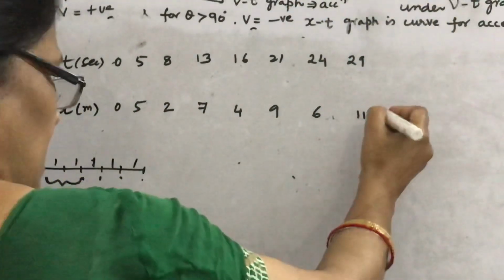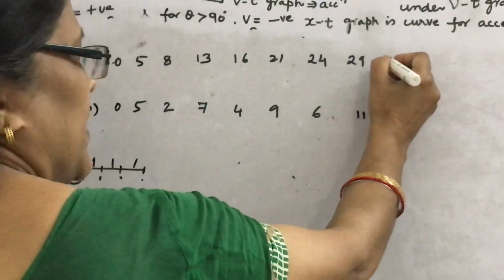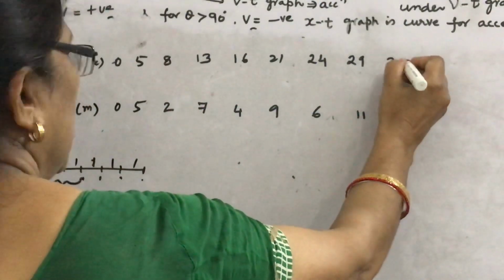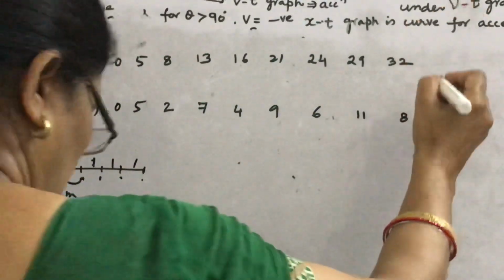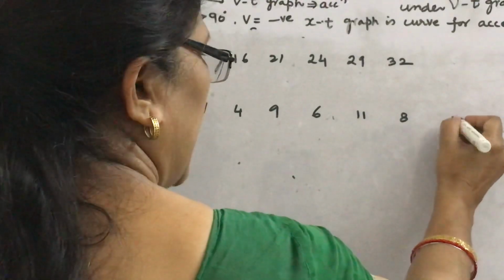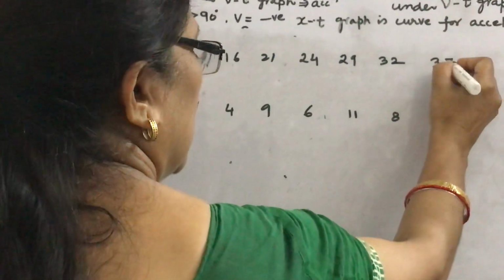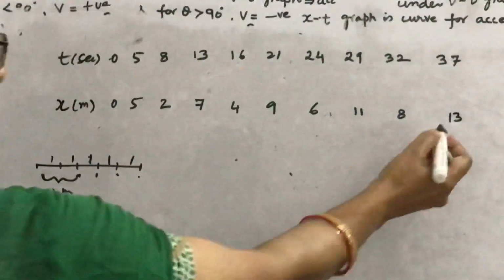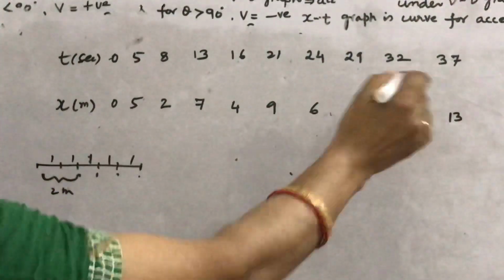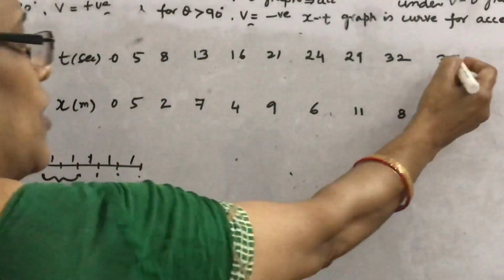Then 11 minus 3, 8, and here 29 plus 3, 32 seconds. And last, 8 plus 5, 13, and 32 plus 5, 37.